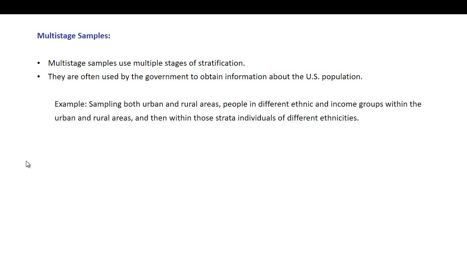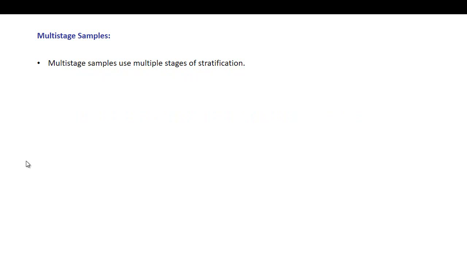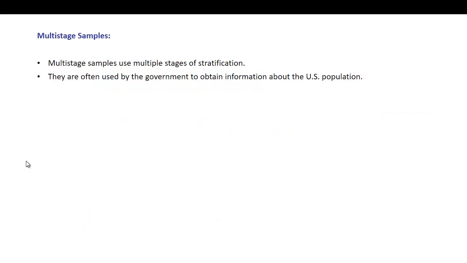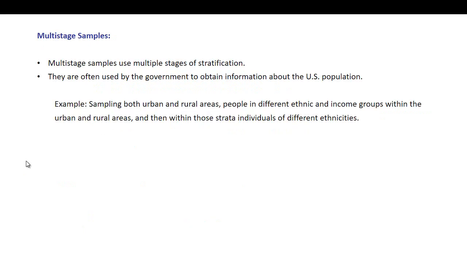So multi-stage simply means you are doing multiple stages of stratification. The individuals are divided into different groups, and then individuals within each group are also divided into groups.